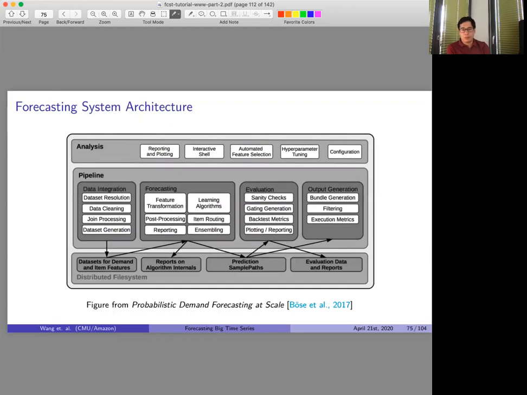In general, if you wanted to build a forecasting system with classical models, there's a paper at VLDB 2017 on how to do this. Let me just highlight maybe a couple of things that we've seen here.